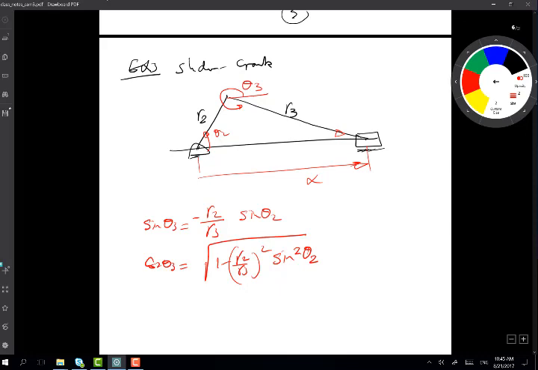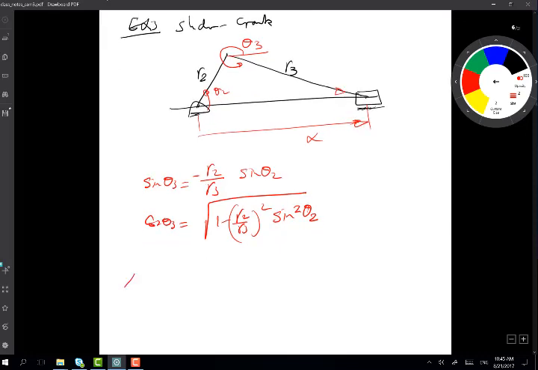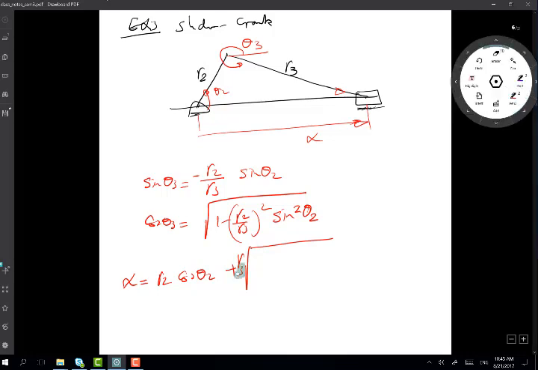From memory, we had this expression before, and x was equal to r2 cosine theta 2 plus r3, multiplied by the square root of 1 minus (r2 over r3) squared sine squared theta 2.